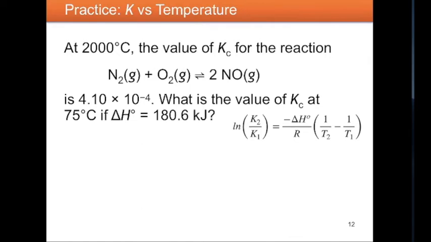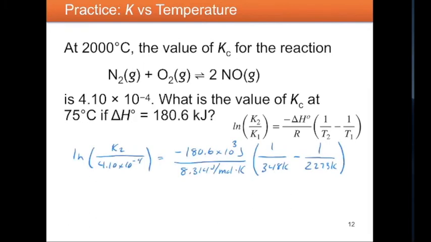So at 2000 degrees Celsius, the value of the equilibrium constant for this reaction is 4.1 times 10 to the minus 4. What is the value of K at 75 degrees Celsius if delta H equals 180.6 kilojoules? So we know we're going to use the Van't Hoff equation. And now all we have to do is fill in the equation with the appropriate values. And again, since we are given kilojoules for delta H and our constant is in joules, we have to make sure that the delta H in the equation is given in joules.